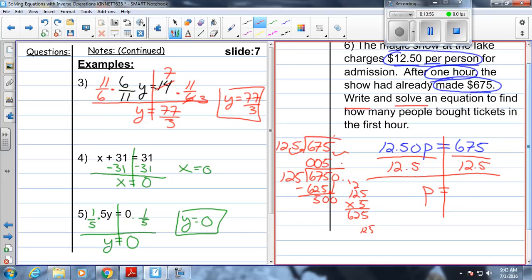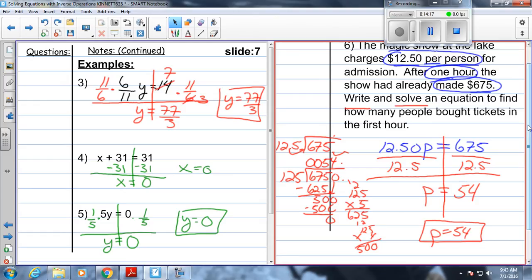Again, we're going to use that guess and check. I think it's going to be 4. Oh, it is. And it was 4. So we had 54 people come in. And remember, that sounds logical. Since it's not a decimal, we didn't want one, or else there would be some weird fractional arm walking through the gate. So the number of people in the first hour was 54 people.